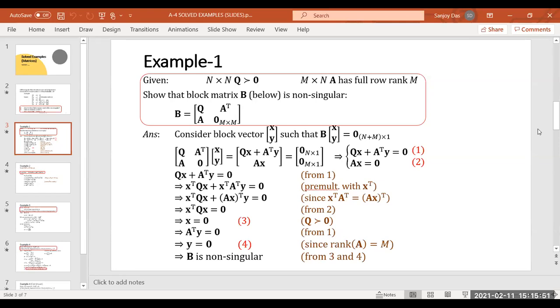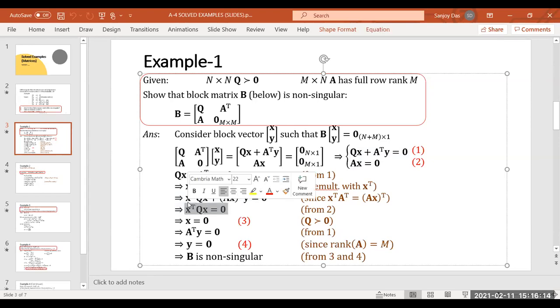Even if that were the case, X transpose Qx is also equal to 0, so it doesn't affect this conclusion here, that X transpose Qx equals 0, which implies that X must be equal to 0.